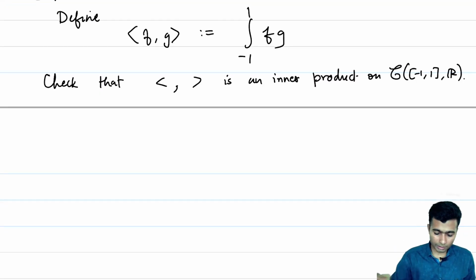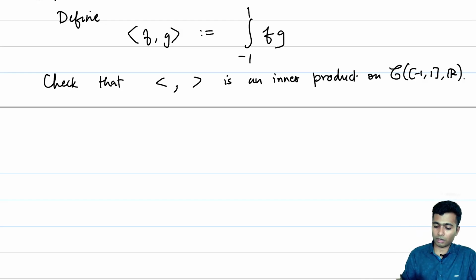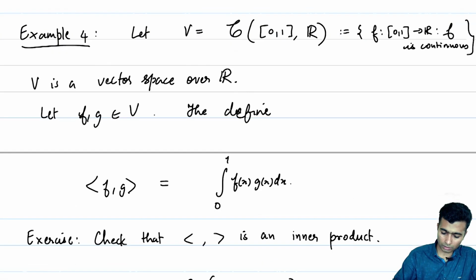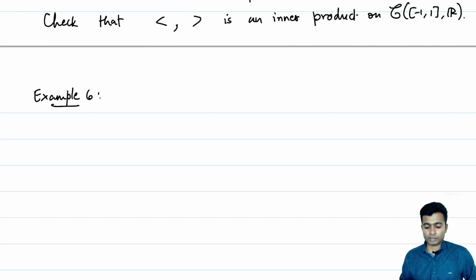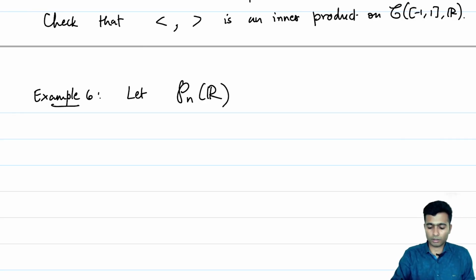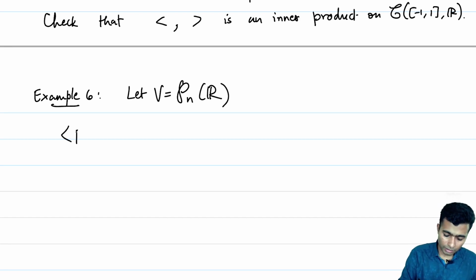Okay, let's now look at example 6. Again, this is also an example with the field of scalars being R. Oh yes, let's consider Pn of R. Let V be equal to Pn of R. We would like to now define the inner product of P of x, Q of x.